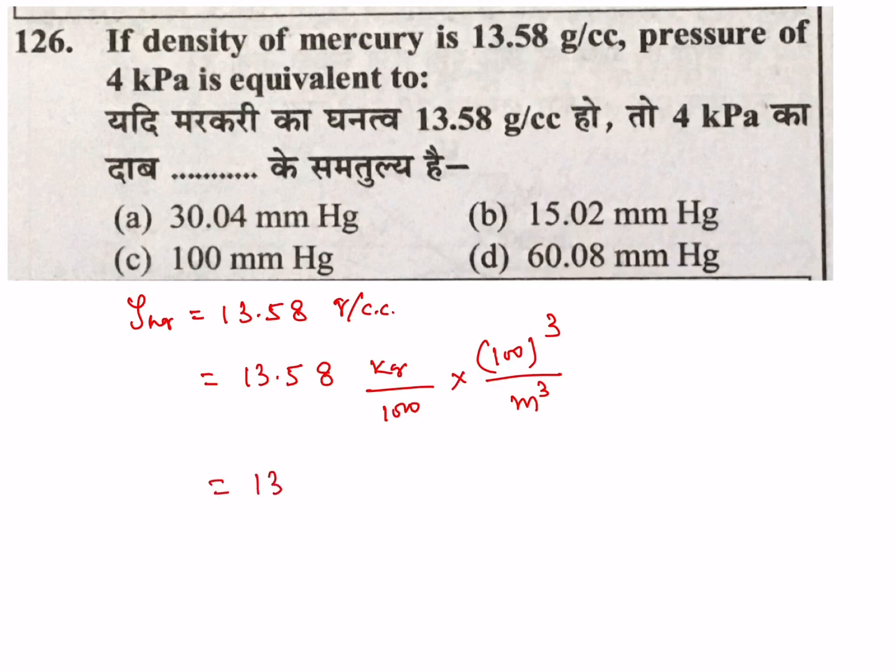So how much will you get? 13.58 into 10 to the power 3 kg per meter cube. Or if you know the density of Hg, directly you can write. Or otherwise you have to do this calculation.